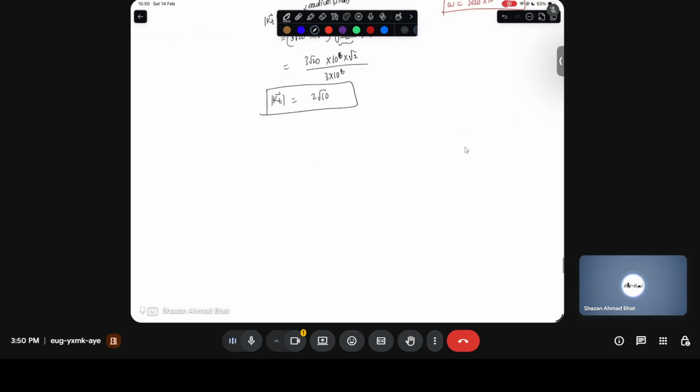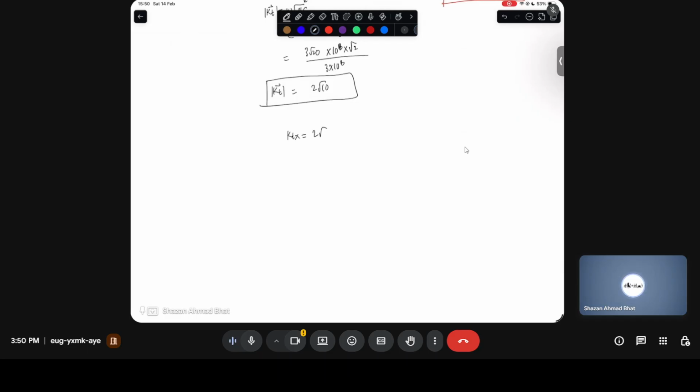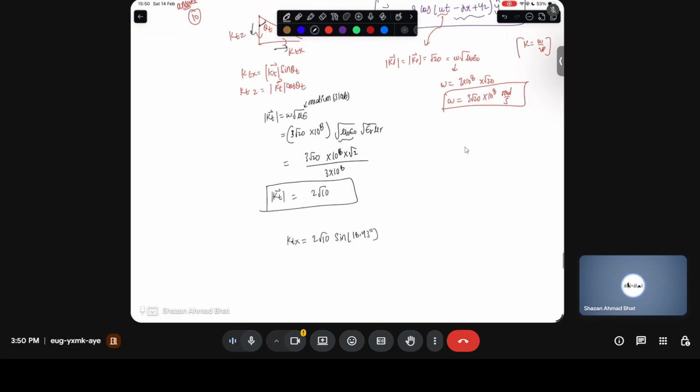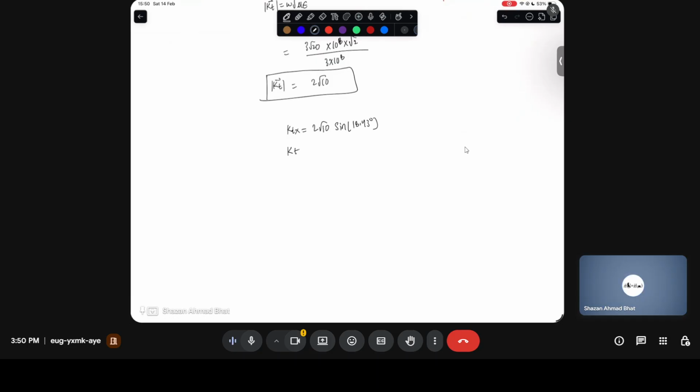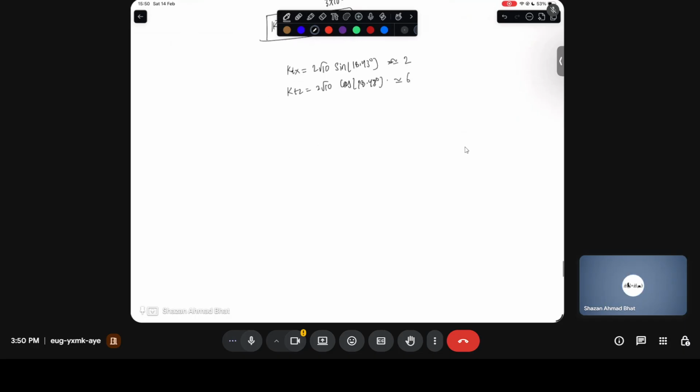Okay, now you can write ktx in terms of this. You can write it as 2 square root of 10 sine of 18.43 degrees. Why 18.43 degrees? Because we obtained this theta t. So you can write ktz to be equivalent to 2 square root of 10 cos of 18.43 degrees. And this is approximately 2, and this is approximately 6.